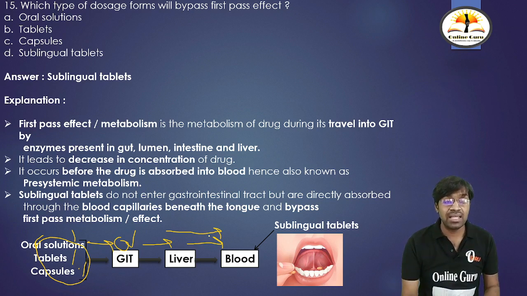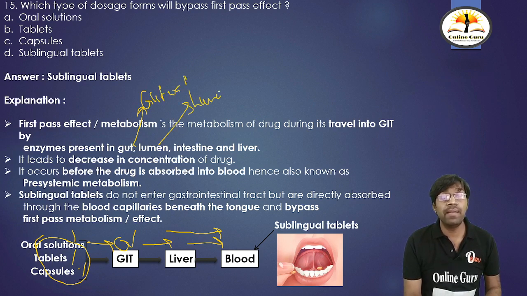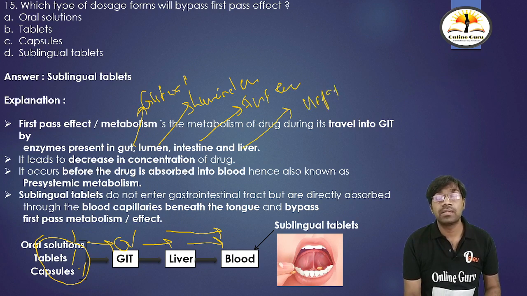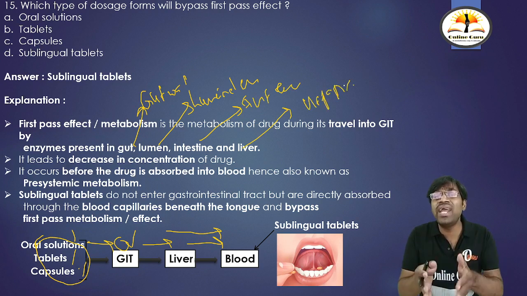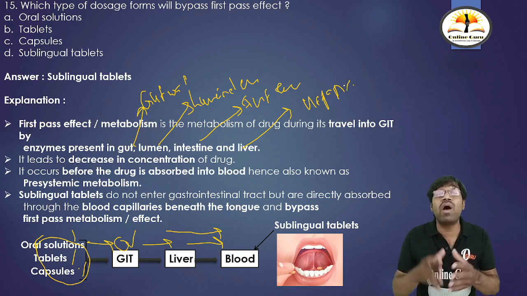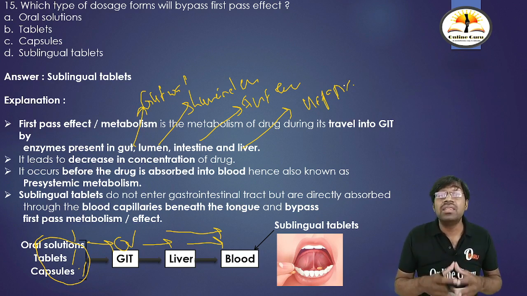It is called as the gut wall enzymes present in the gut wall, luminal enzymes present in the lumen, intestinal enzymes present in the intestine, and hepatic enzymes present in the liver. During the journey of the drug through these particular organs, what will happen? The drug's concentration is being significantly reduced.